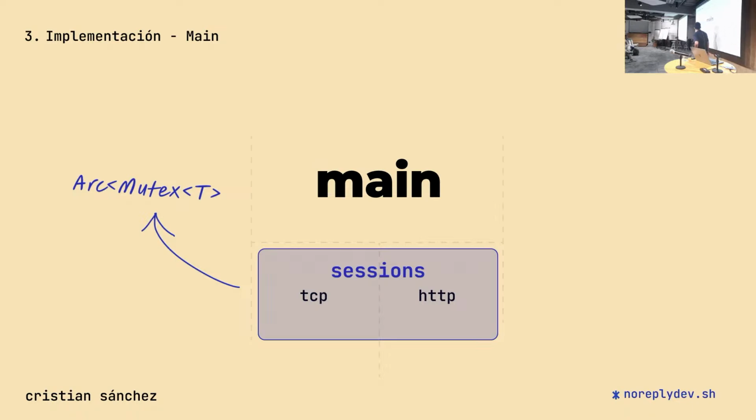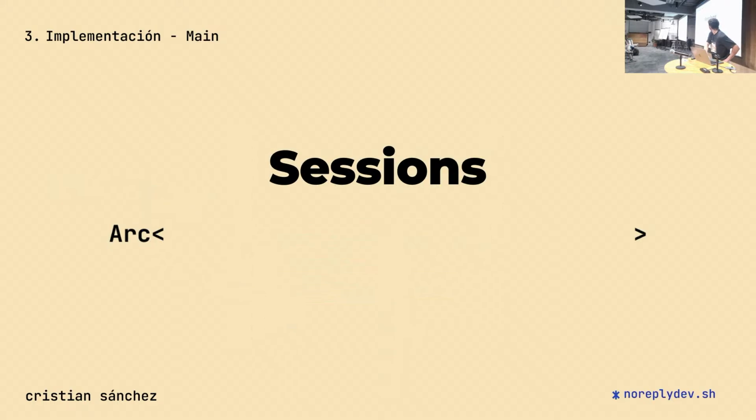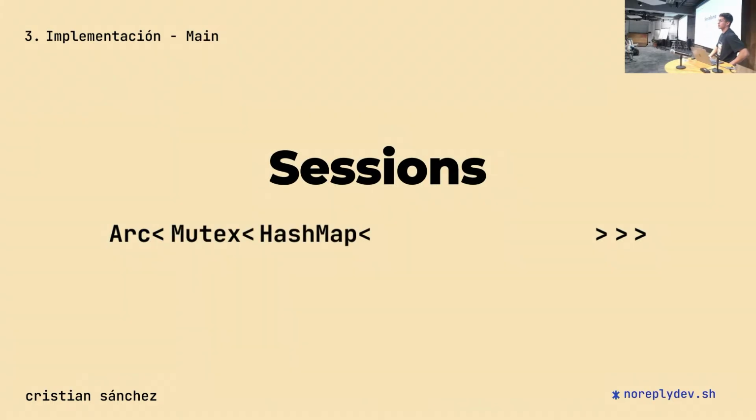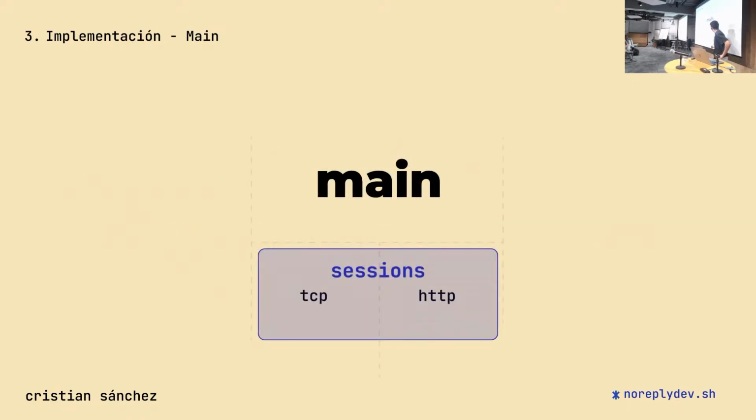Estas sessions son de tipo Arc Mutex y dentro tenemos un HashMap con strings y session. El string es el session endpoint de cada una de las sesiones, porque a cada conexión al TCP le asignamos un endpoint de HTTP. De esta manera, cuando entre por URL a un endpoint, se quita esa primera parte de la URL y se dirigen todas las peticiones al socket que está activo por el TCP.